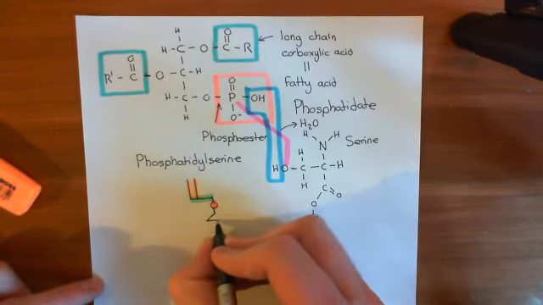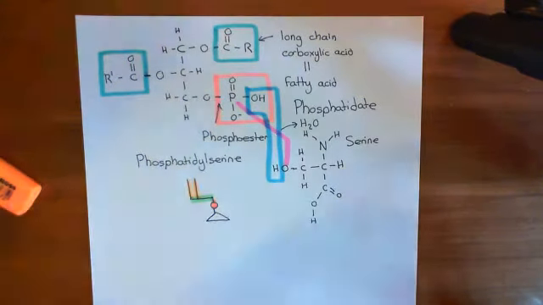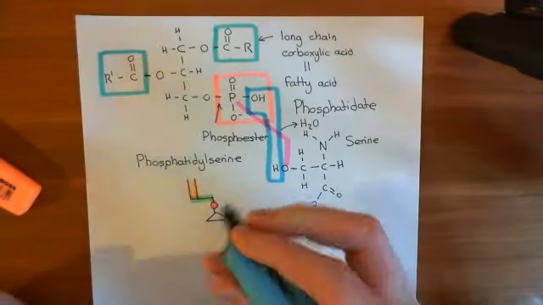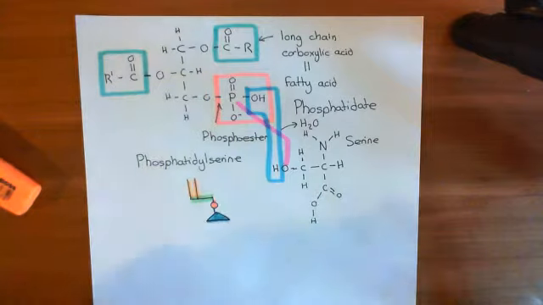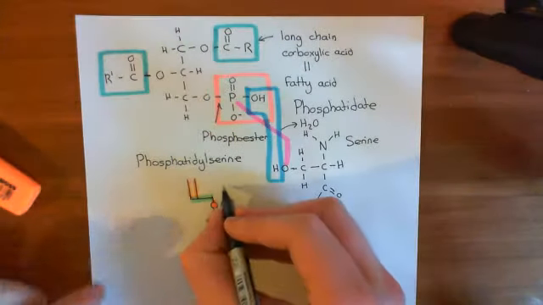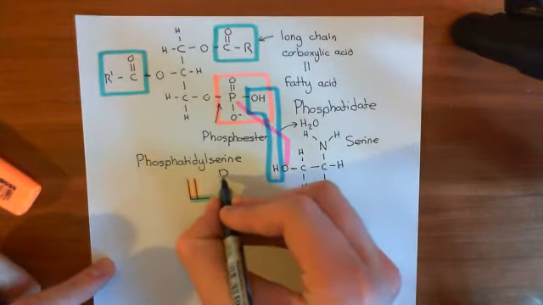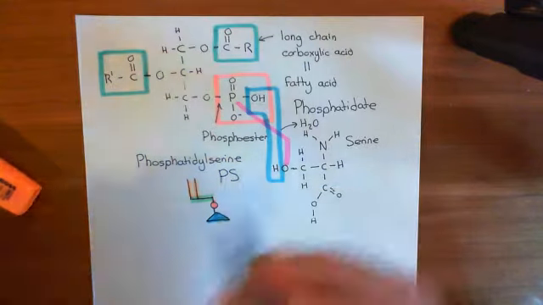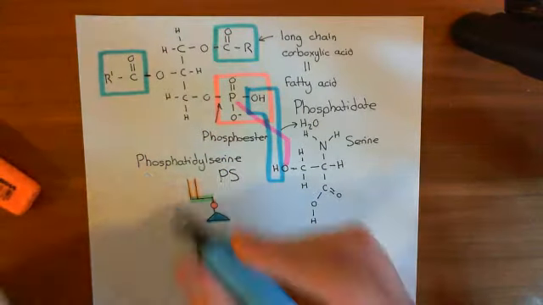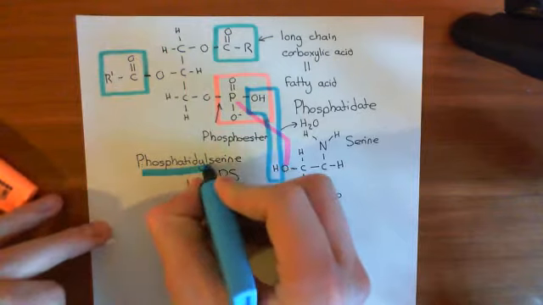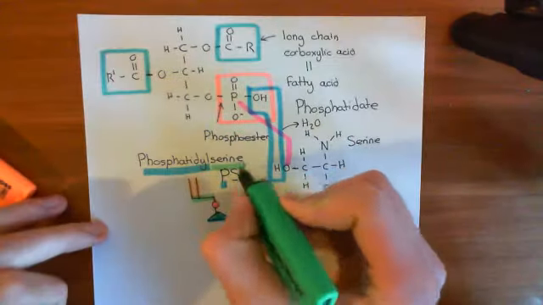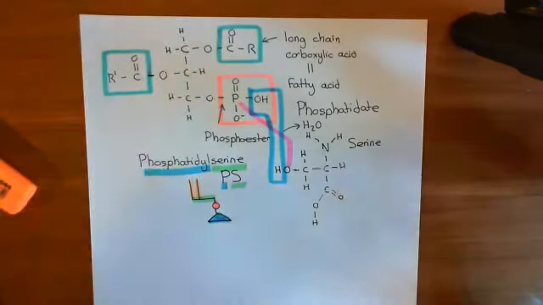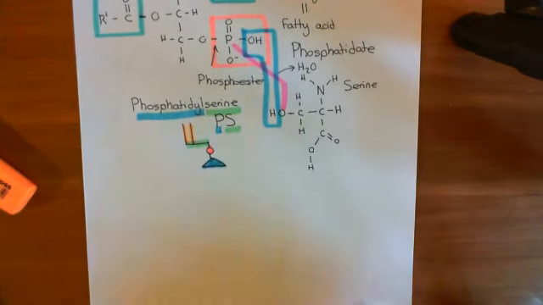I'll just draw it as a triangle, since it's a cartoon. So this blue triangle is the modified group that we stuck on the end of this phosphate group. And this is phosphatidylserine, often abbreviated to P for phosphatidyl and then S for serine. And that's a usual constituent of the phospholipid bilayer.